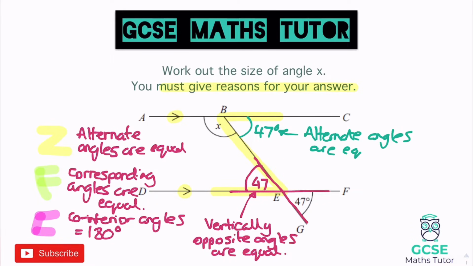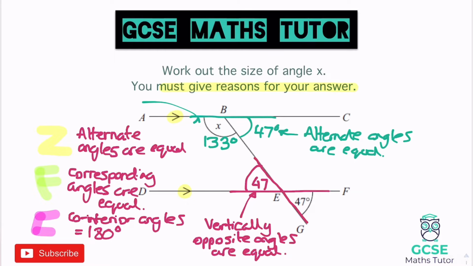And then from there, I could do angles on a straight line. Okay, again, let me just get rid of this Z shape. There we go. We've got angles on a straight line. So next to that X there, these 2 angles have to add up to 180. So I would simply do 180 and take away 47. So 180, take away 47, and that would give me 133. There we go. That'd be 133 degrees as my final answer.